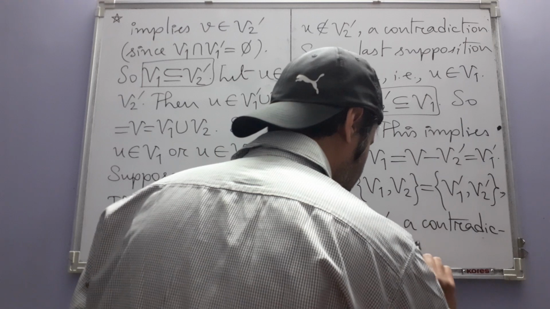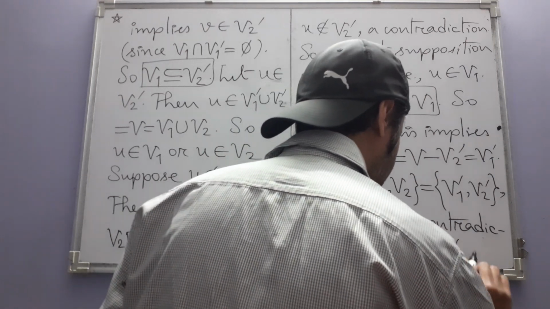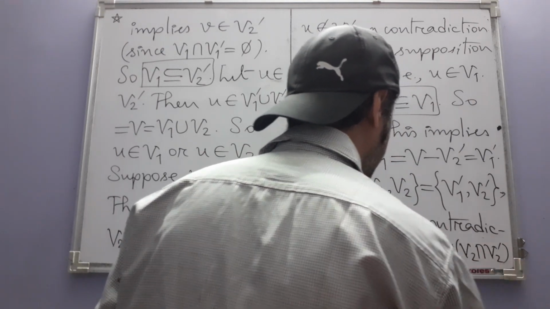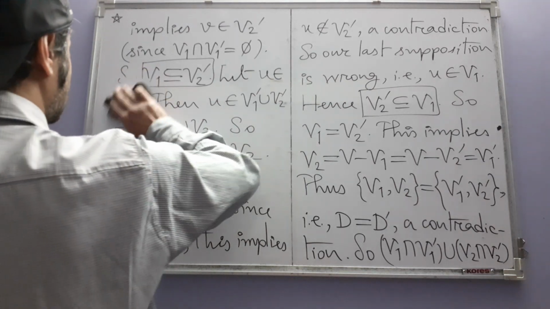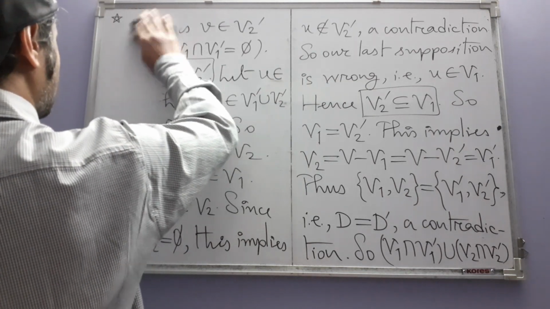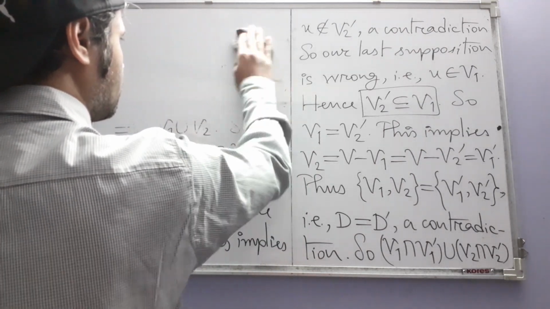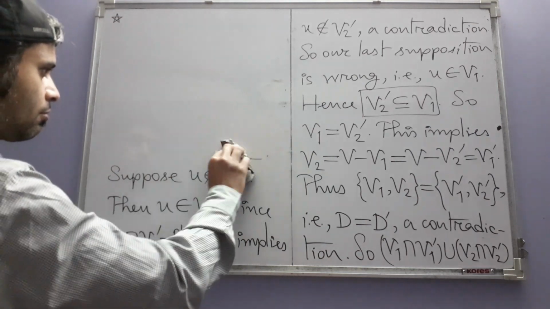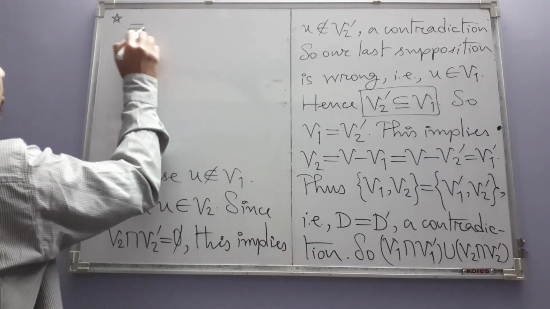V1 intersection V1 prime union V2 intersection V2 prime, it cannot be empty. It is non-empty.